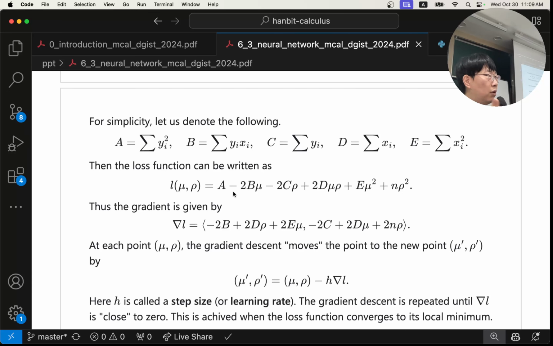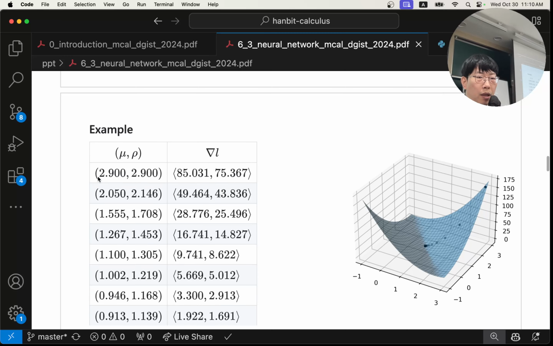This is simply a quadratic function. You know every coefficient, so you simply take the partial derivative of this quadratic function in terms of mu and rho, or m and b in our notes. Then you plug in 2.9, 2.9, where you're trying to get the gradient, and you get this gradient.